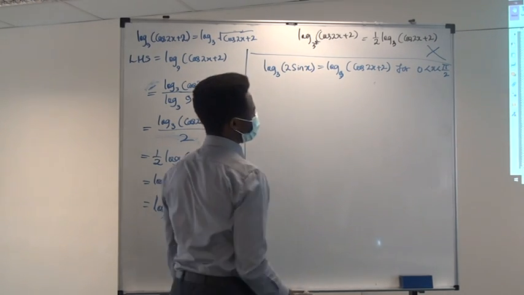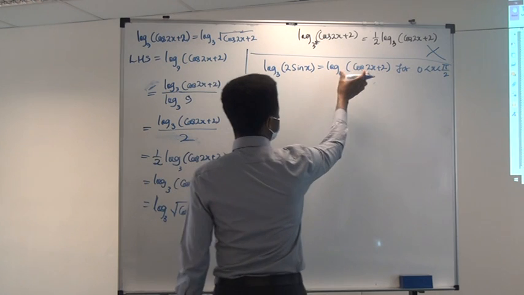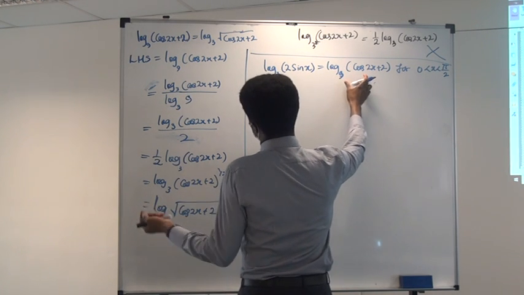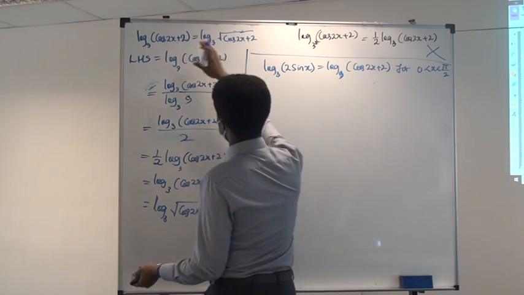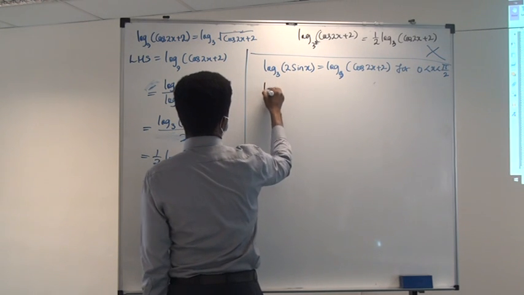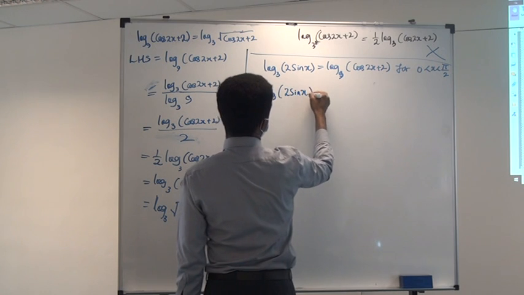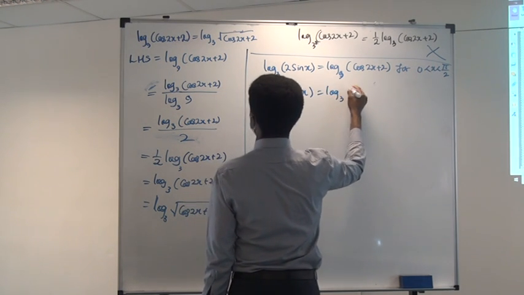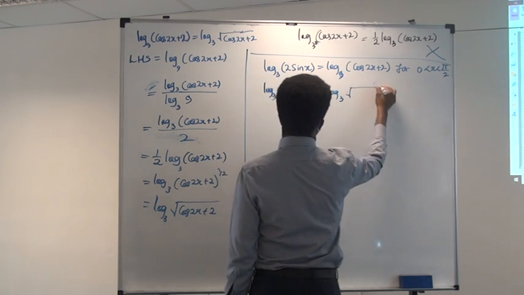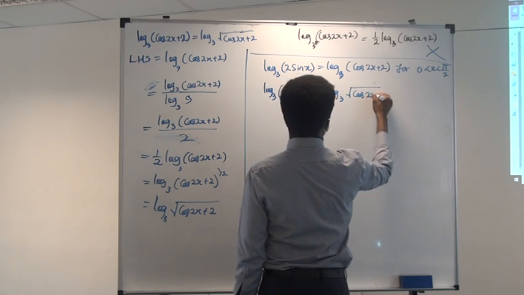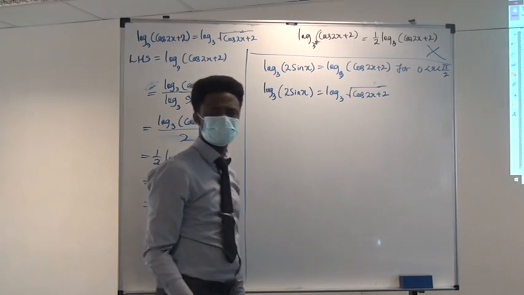Okay, this is what you want to solve. Hence means use the previous result. How can you use the previous result? This has been converted into base 3 as well. So this is simply log to base 3 of 2 sine x equals another log to base 3, this time around, of the square root of cos 2x plus 2. That's the first thing.